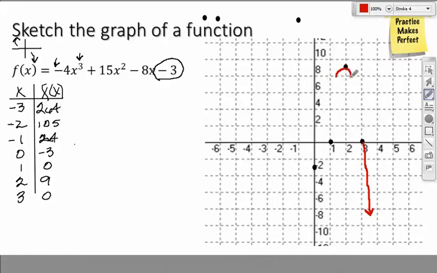And then I know this is going to curve right here. And I know this is going to curve down here. Like I said, I just don't graph very well. It's not as smooth as it should be. And I know that my intercept is going to be somewhere between 0 and -1. So I'm not going to cross that yet. Oh, there it is.